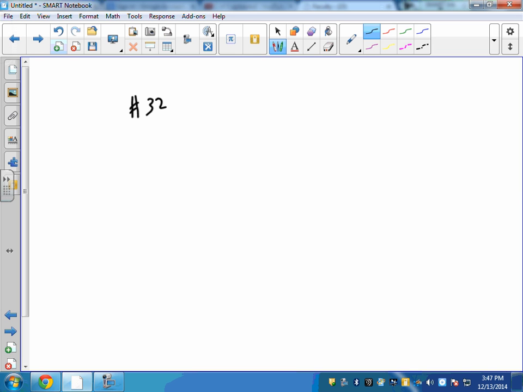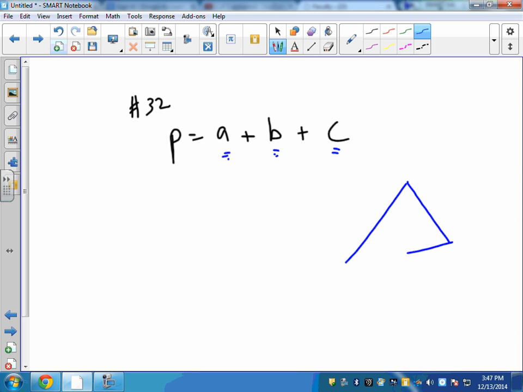In the review, P equals A plus B plus C. What does it mean? We think about all our geometric figures. These are three numbers. Typically, we're thinking A, B, and C as the lengths of sides. If we just drew a triangle of any type and labeled the sides A, B, and C, this doesn't have to be a right triangle. It could just be an acute or an obtuse triangle. What does P stand for?